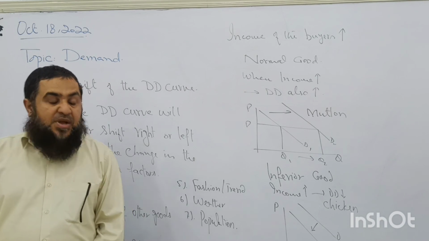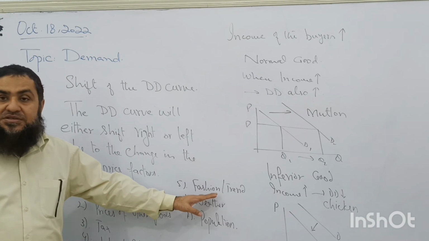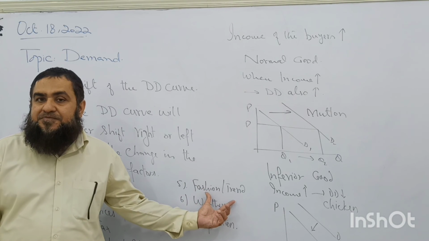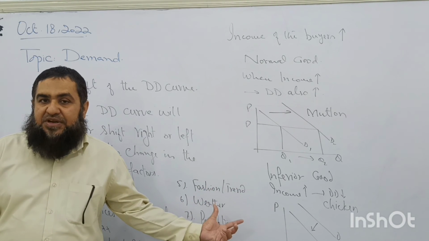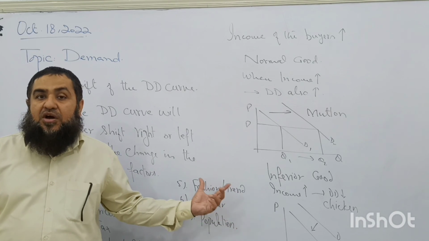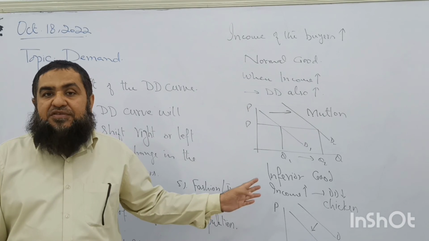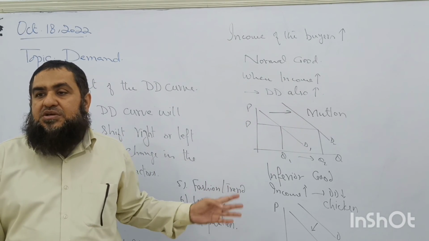Clear? What about fashion trends and weather conditions? When fashion is favorable, trend is favorable, or weather is favorable, demand will shift rightward, and when they are unfavorable, demand will shift downward.